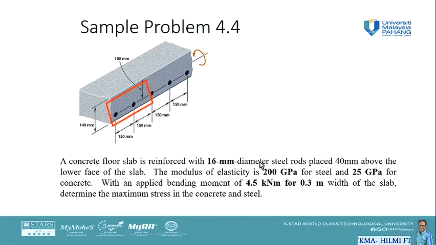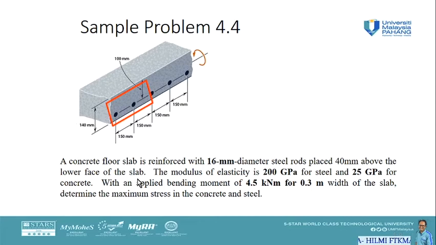We can see here that the modulus of elasticity for the steel is relatively higher than the concrete, and this value of E should affect the maximum stress that can be handled by the steel and the concrete.